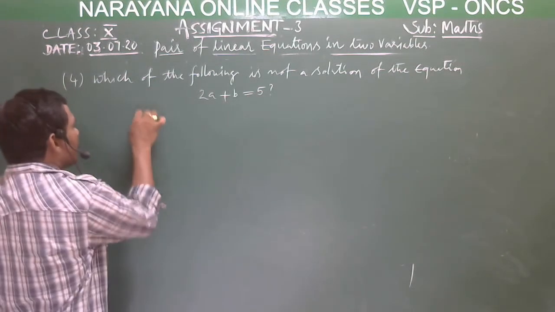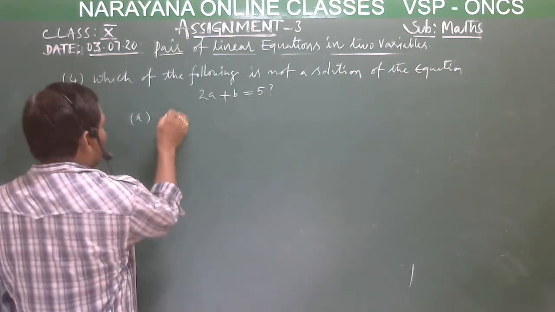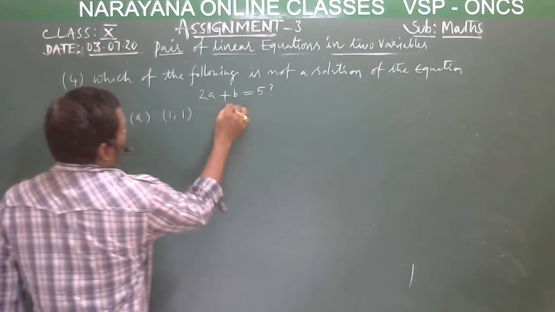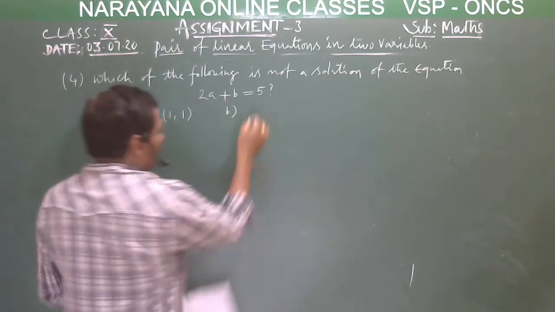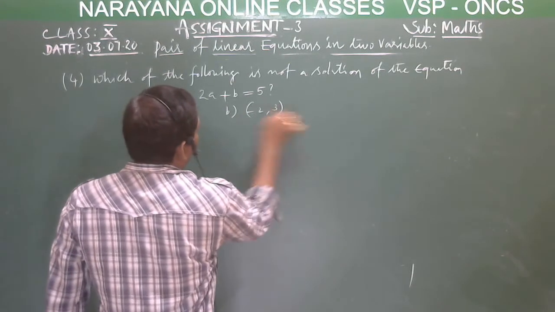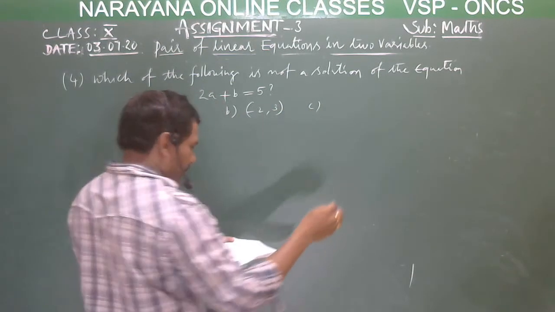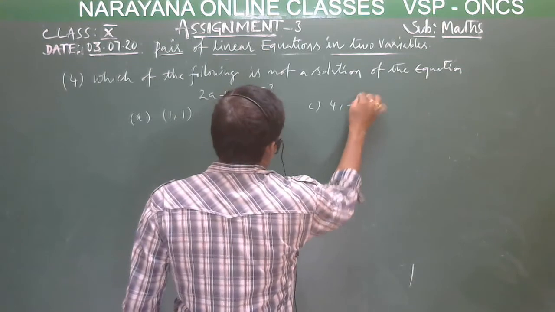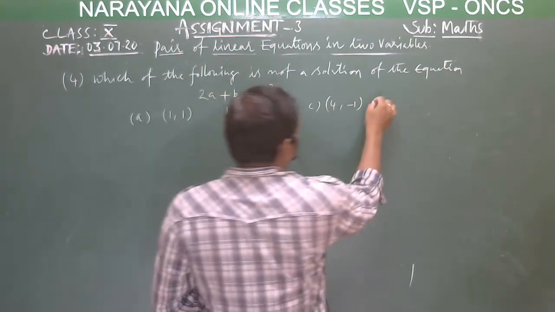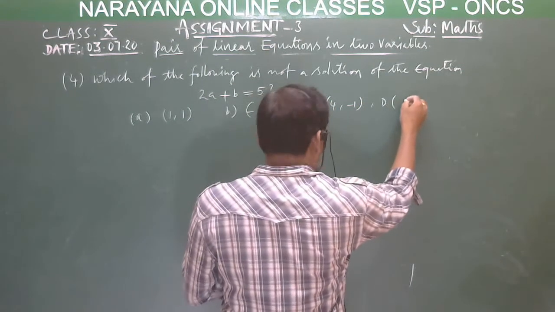So option A 1 comma 1, option B minus 2 comma 3, option C 4 comma minus 1, option D 1 comma 7.